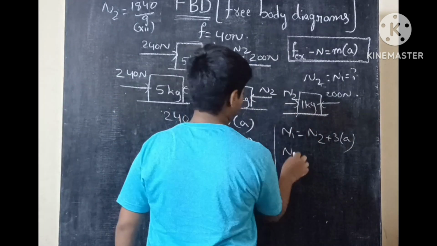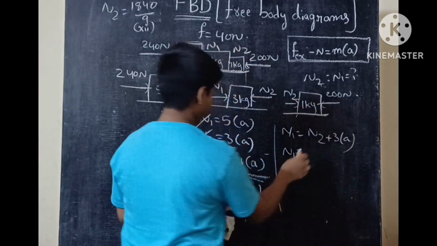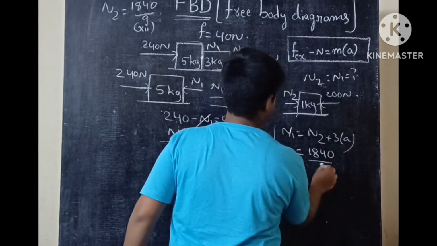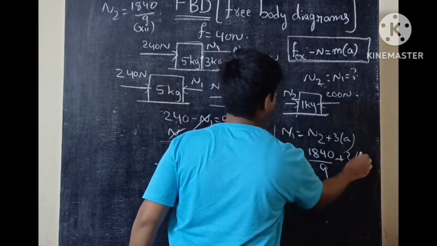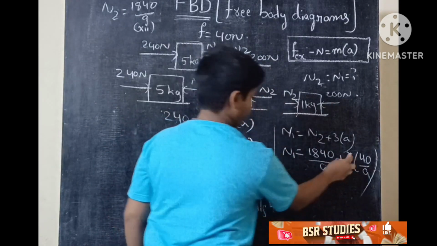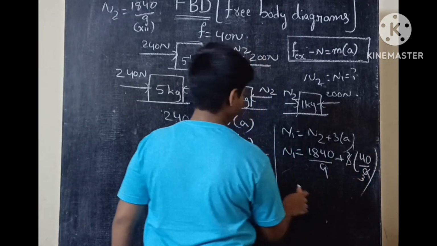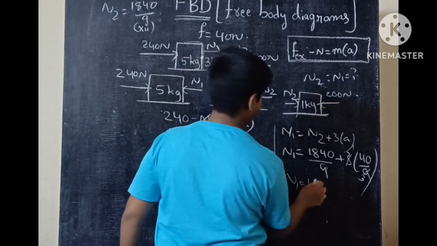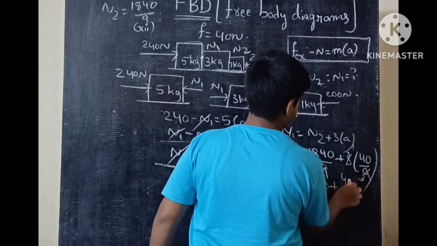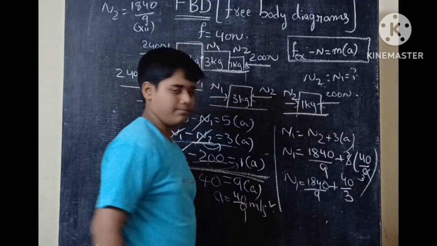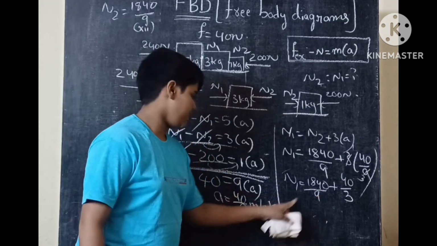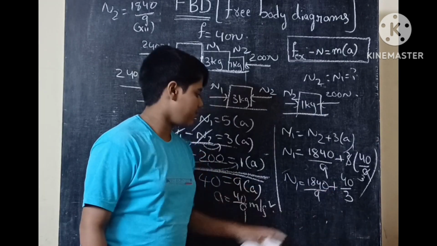So N1 is equal to 1840 by 9 plus 3 into 40 by 9. Here 3 threes are 9, so N1 is equal to 1840 by 9 plus 40 by 3. What is the LCM, the least common multiple, for finding the resultant?